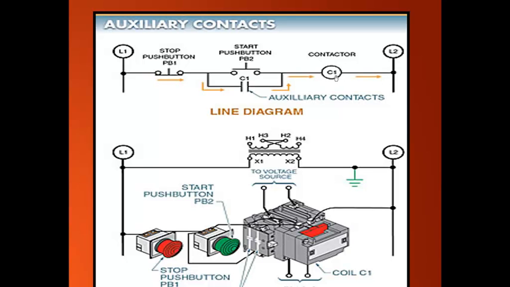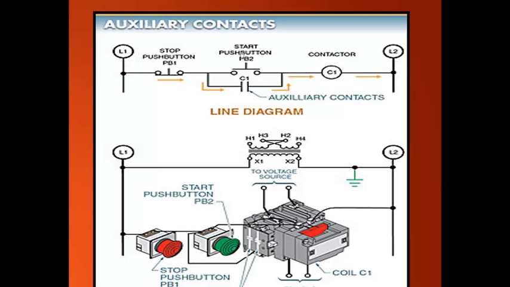When C1 is energized, it closes its contacts. So when C1 is energized, any contacts associated with it or attached to it close. We have C1 auxiliary contacts here. When this contactor is energized, these contacts close.